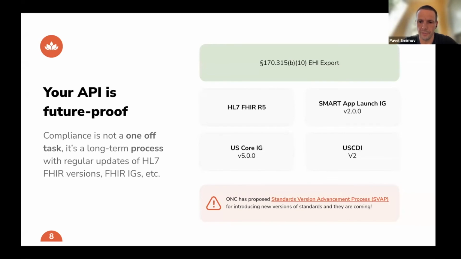So all the standards are evolving rapidly and being adopted by engineers. So unless you want to build a company which builds FHIR servers, it might be a good idea to find a partner that will take care of this for you, long term.